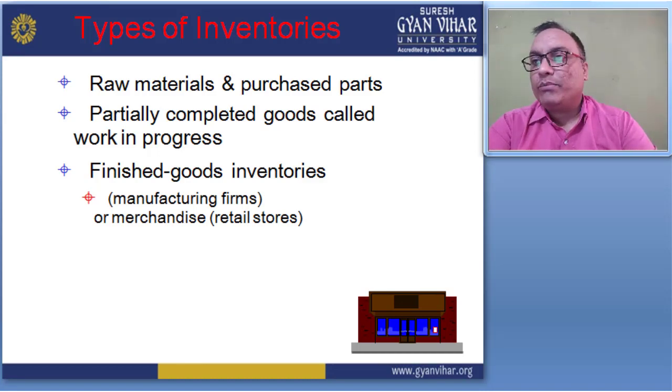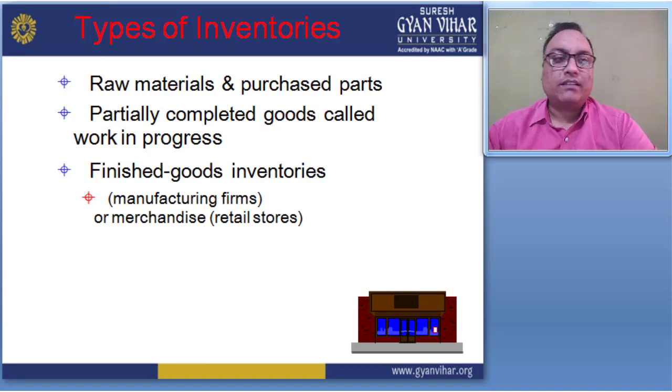Work in progress represents the raw material in the process of being transformed into a finished product. Finished goods are completed products readily available for sale to a company's customers, and merchandise represents the finished goods a company buys from a supplier for future resale.